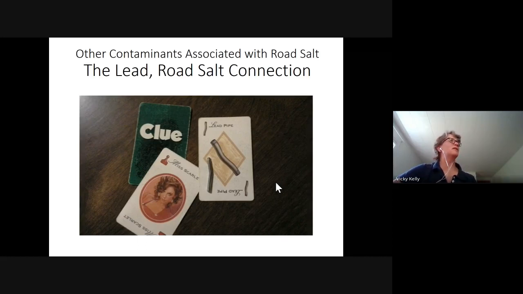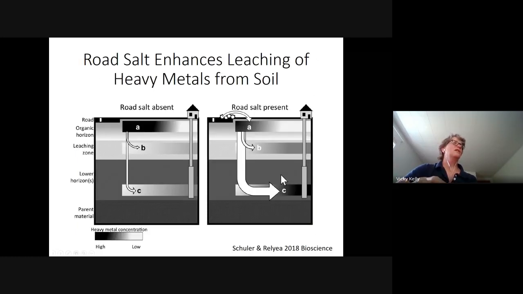So what do we know about the lead and the road salt connection? There are two ways that road salt can cause the leaching of lead and other heavy metals into groundwater. One is from soil and the other is from pipes. This is an illustration published by Schuler and Relyea in 2018.